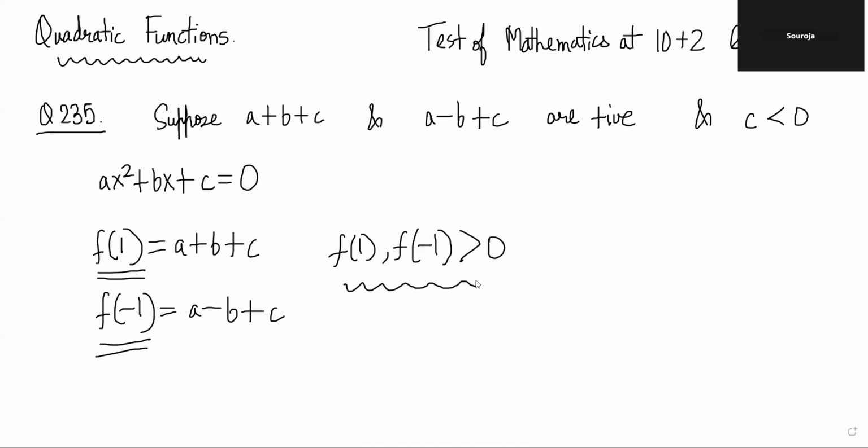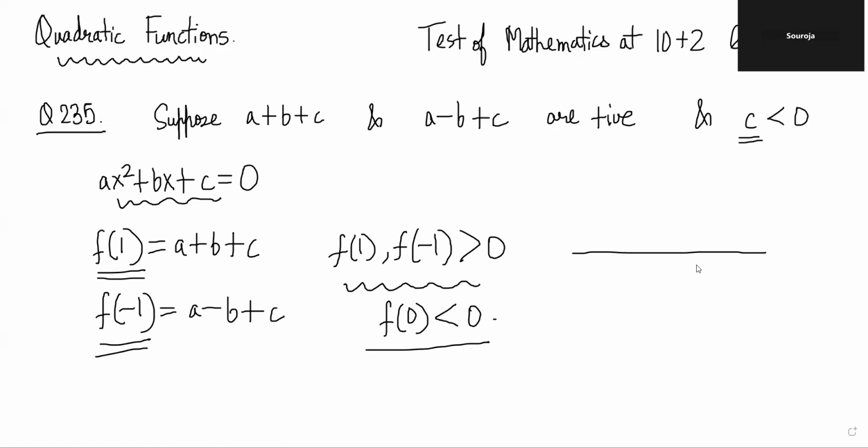And we will see only one with less than 0. You will get c if you put f of 0, right? Yeah, f of 0 is equal to c, and they have given us that f of 0 is less than 0, right? Correct. So it's B, right? Already got the answer.